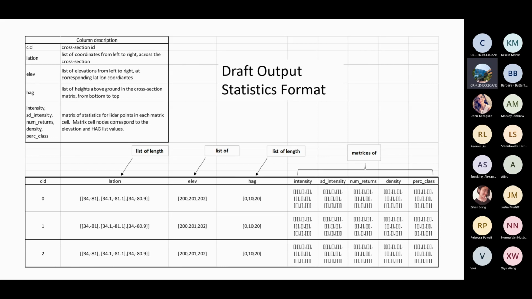Within each row, the center position and coordinates of the samples along the cross section are in the second column, and the elevation at each of those points and the vertical intervals of the matrix are in columns 3 and 4, so that every cell in the following statistic matrices can be oriented in 3 dimensions. And then, as I mentioned, there are the stats matrices, and those are not exactly the stats. We know that's the type of thing we'll have as outputs.